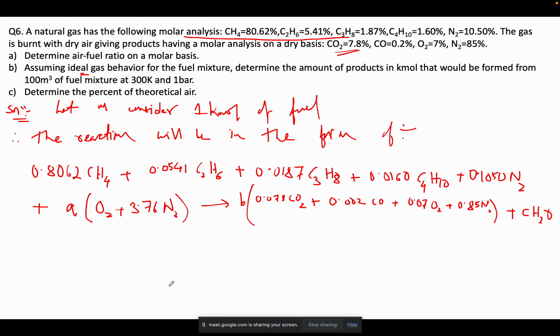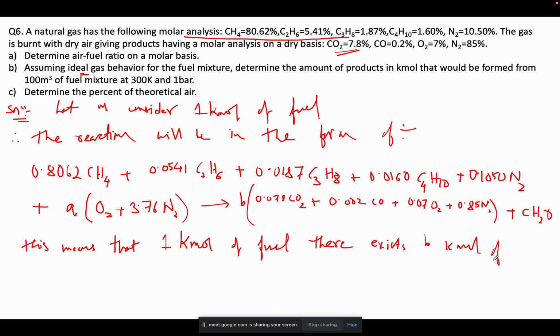So what it means is that for 1 kilomole of fuel, there exist B kilomole of dry product and C kilomole of wet product.